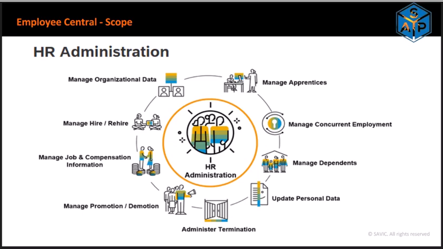In a rehire, you must be thinking how the system will identify it, whether automatically or manually. Here the system will help us identify whether it's a hire or rehire process.